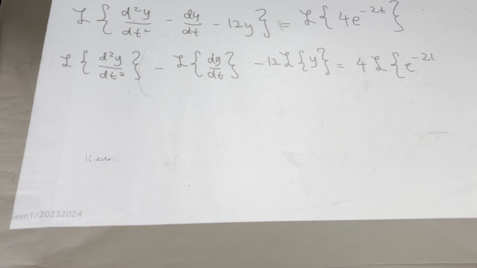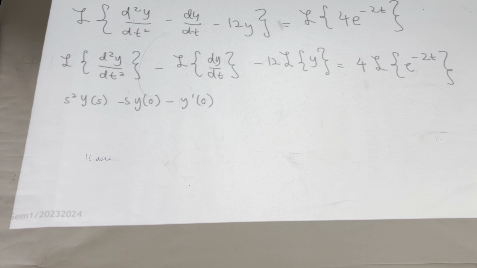So first one, Laplace of d squared y over dt squared. By referring to the formula, this is s squared Y(s) minus s y(0) minus y prime (0). Let's put this in one bracket. This is for d squared y over dt squared.